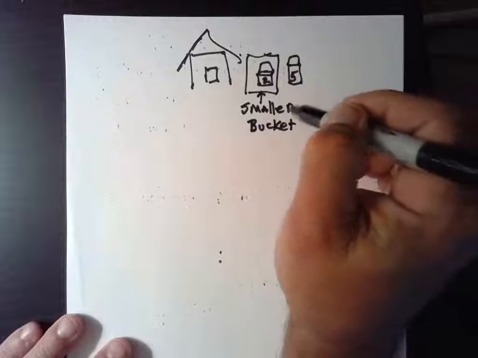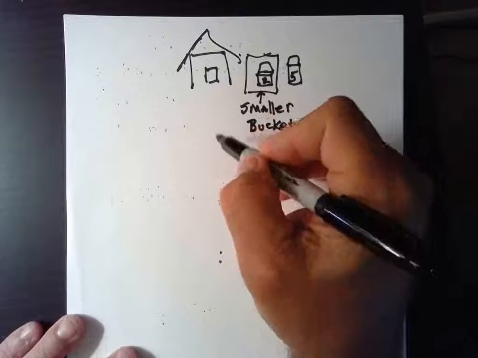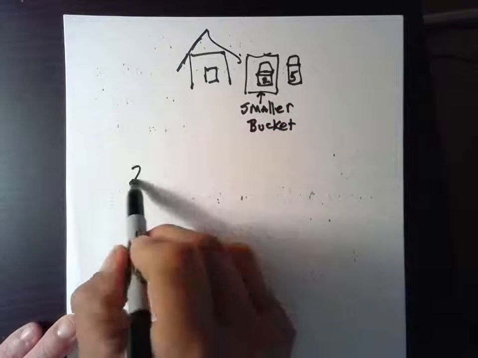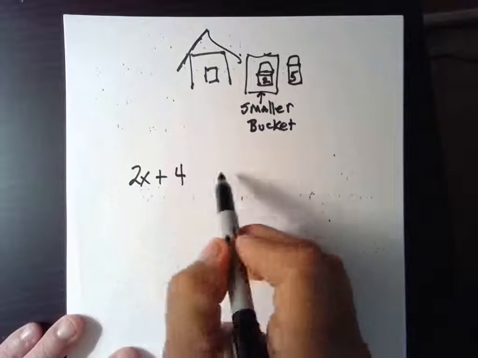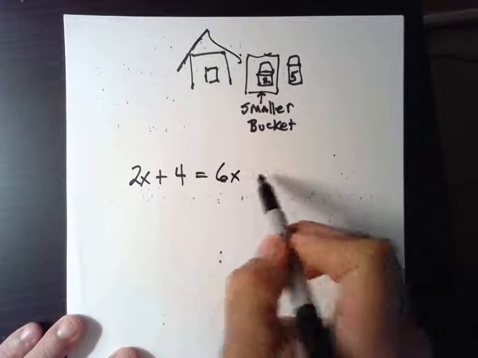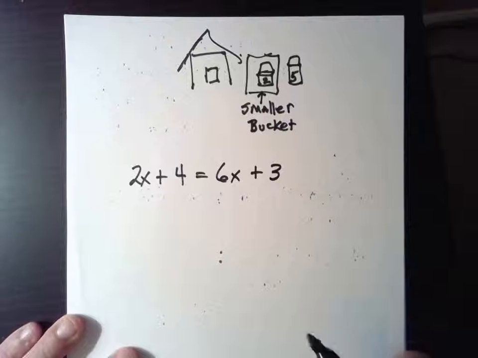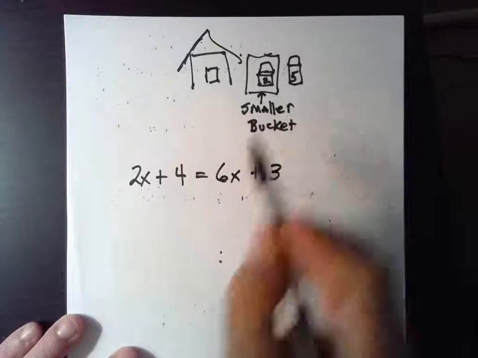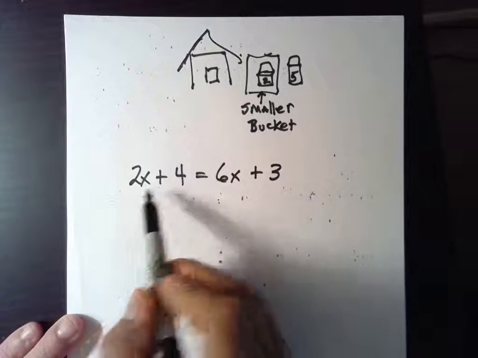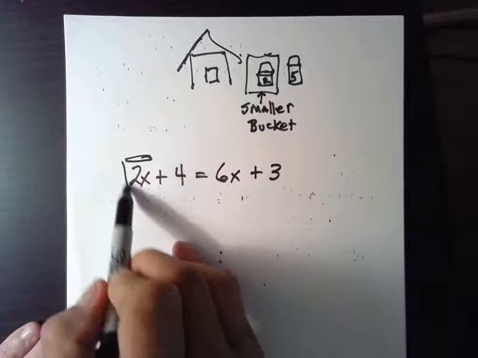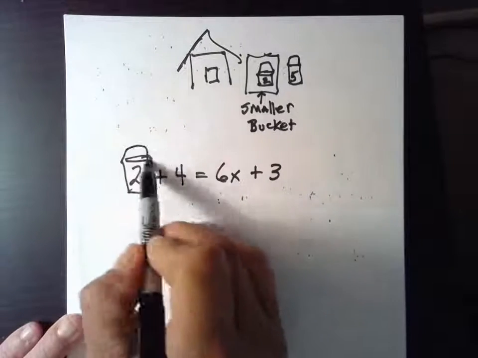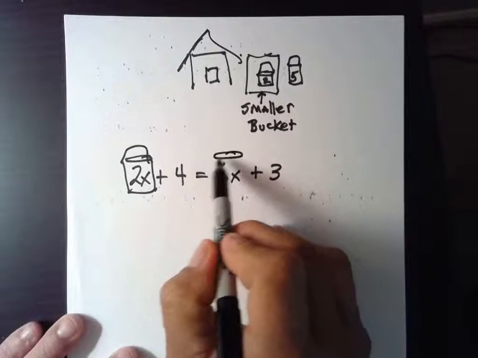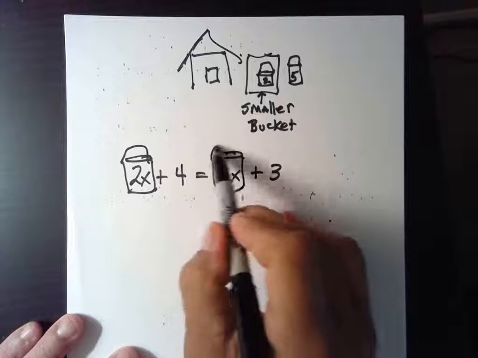Okay? Whenever you're dealing with an algebra equation, 2x plus 4 is equal to 6x plus 3, the bucket in the equation is the variable. So we're going to put a little bucket symbol here, and we're going to put a little bucket symbol here.